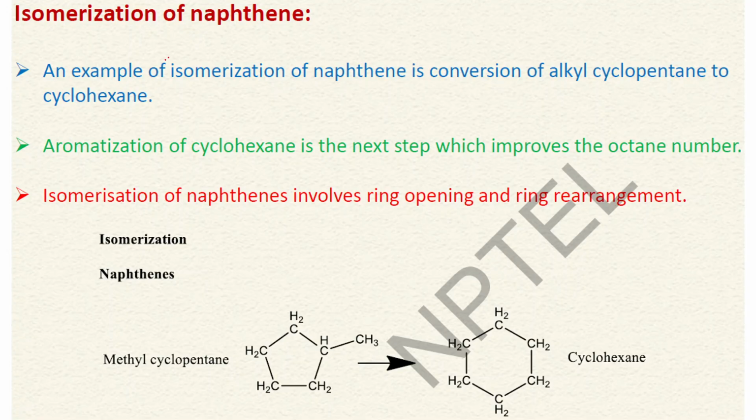Next reaction is isomerization of naphthenes. An example of isomerization of naphthenes is conversion of alkyl cyclopentane to cyclohexane. Okay, this is methyl cyclopentane. It is also a cyclic structure, but it is a thermodynamically strained structure.